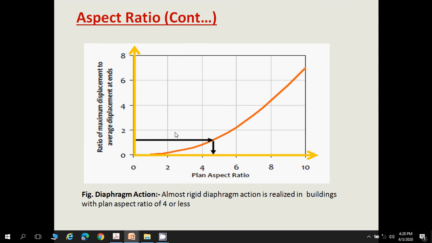This can be achieved if the building aspect ratio is up to 4. From this picture it is clear that if the building aspect ratio is limited to 4 or less, then the ratio of maximum displacement to average displacement is 1.5, and if the aspect ratio keeps increasing up to a maximum of 10, then the ratio of maximum displacement to average displacement at the ends will be equal to 7, which is not a good practice.